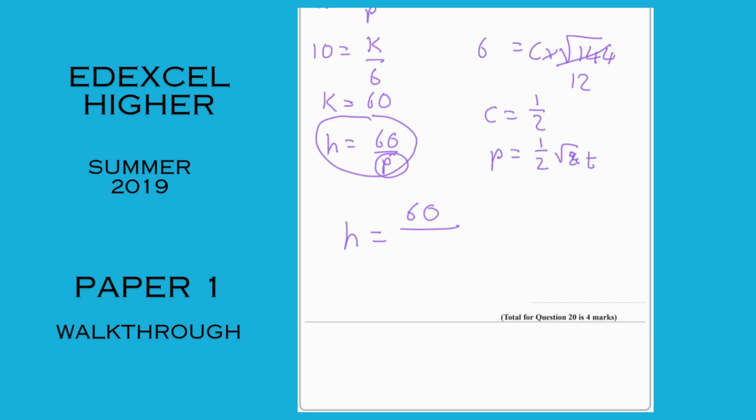Got to be a T in there, you dafty. So it's a half root T, and 60 divided by a half is 120 over root T. I'm having a nightmare with my root T's. Let's make this a good one. That's better. Apologies.